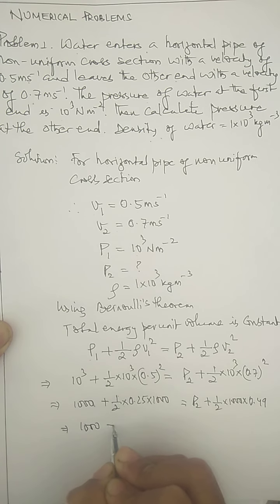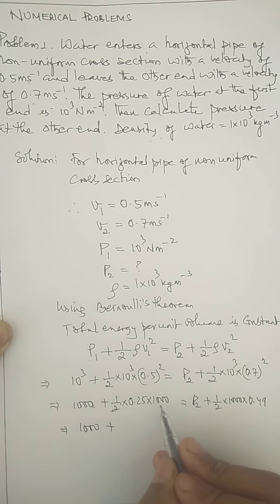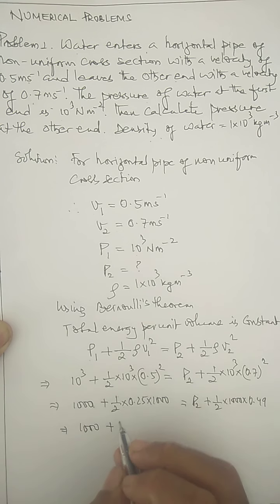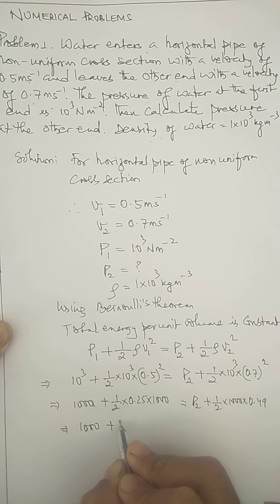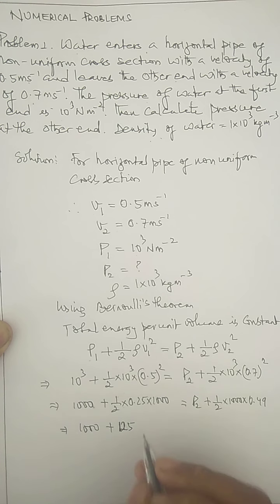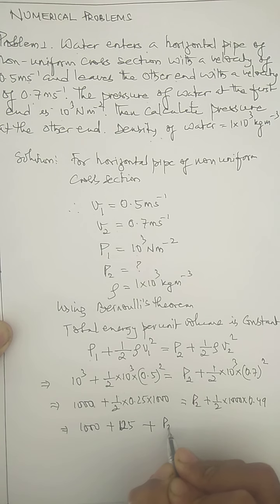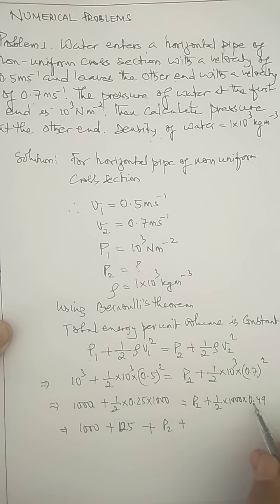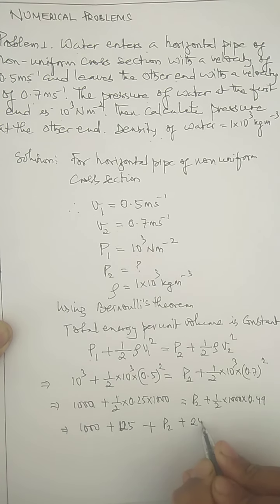Now we can simplify further. So this is 1000 plus now 0.25 into 1000. If I multiply and divide by 2, we get approximately 125. Let me write directly 125. So this quantity now is 125 plus P2 plus now 0.49 multiplied by 1000. If you divide by 2, we get approximately 245.